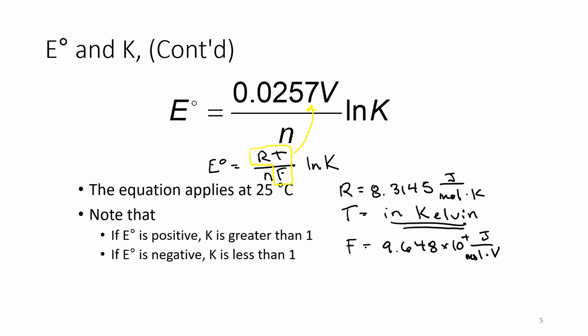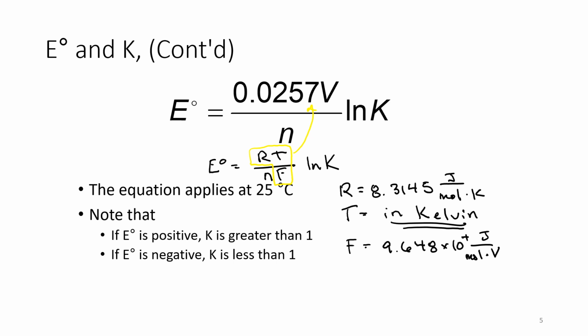If it's any other temperature, do not use that. If it tells you not to use 0.0257, then don't use it. I only use it if it's at 25 and there's no statement saying not to use that value. It also says that if E naught is positive, then our K is greater than 1.